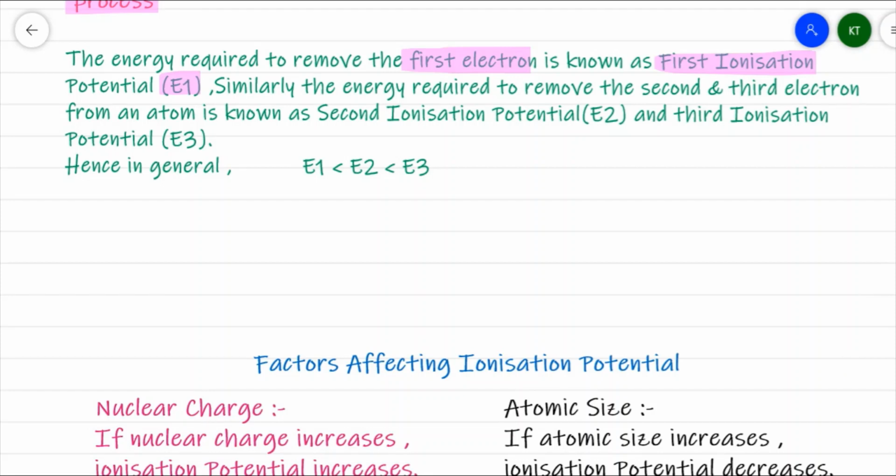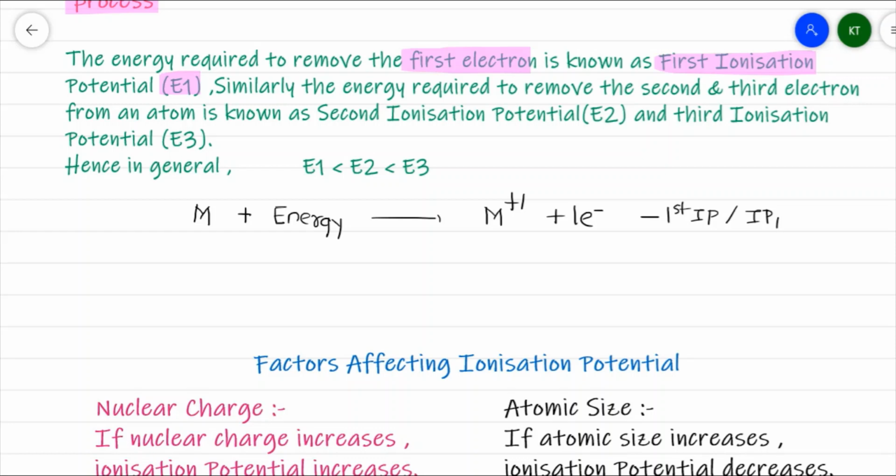So let me have an element M. I provide energy to this element M so that it gets converted into M plus ion with the loss of 1 electron. The energy provided here is your first ionization potential, also called IP1 or E1.